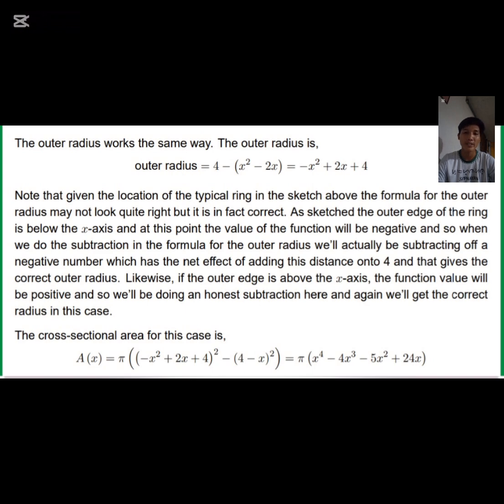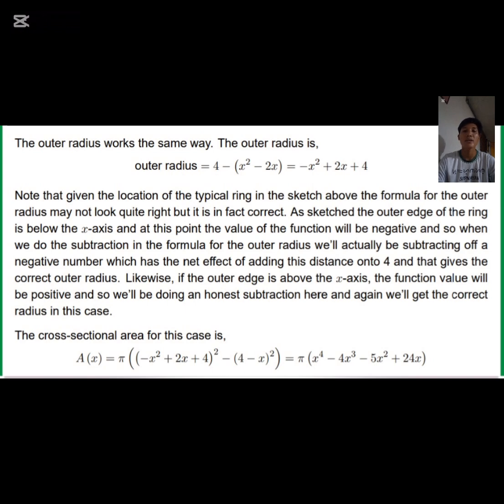Likewise, if the outer edge is above the x-axis, the function value will be positive, and so we'll be doing an honest subtraction here and again, we'll get the correct radius in this case.